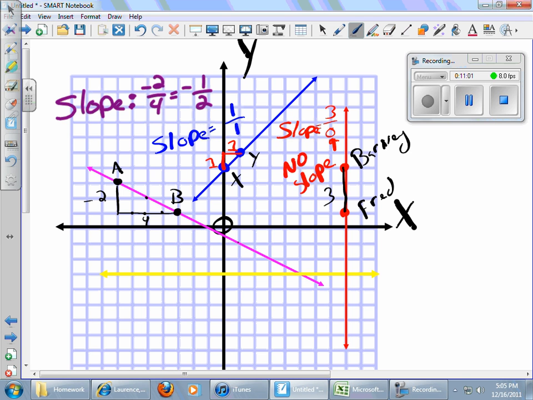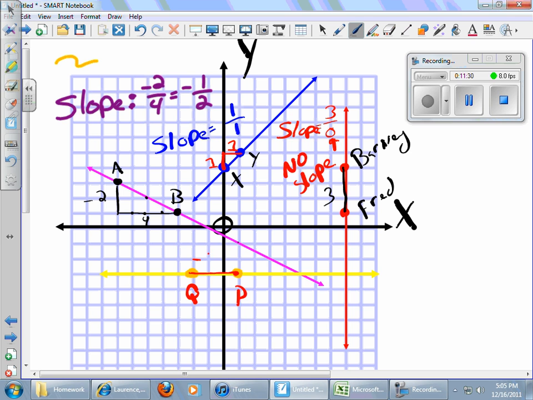All right, let's drop down to the yellow line. I will find 2 points. I'll count my rise and my run. Well, let's call this point Q and this one P. And I'm going to go from P to Q. And so I'm going to rise 0. My rise number is 0. My run number 1, 2, 3.